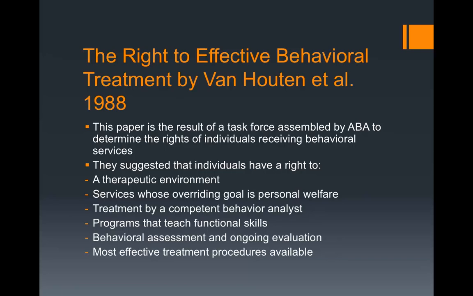So, generally, what this task force came up with is that behavioral services should include a therapeutic environment, services whose overriding goal is personal welfare, treatment by a competent behavior analyst, programs that teach functional skills, behavioral assessment and ongoing evaluation, and the most effective treatment procedures available.